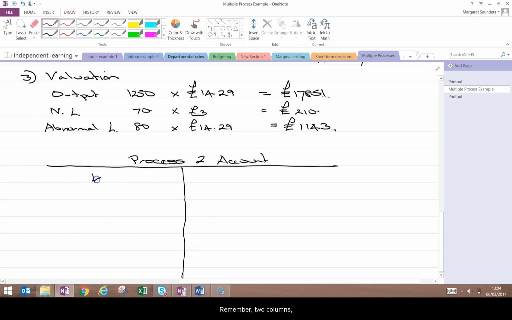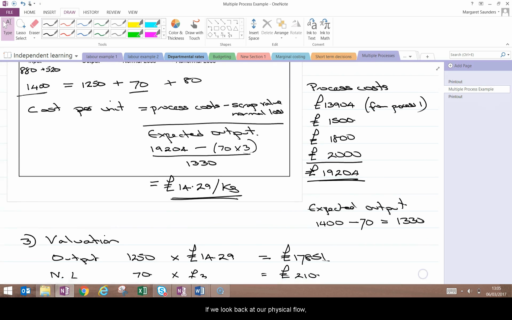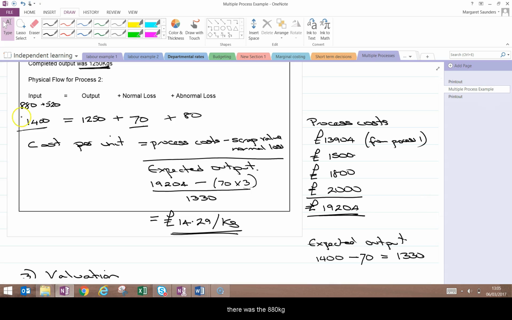Remember 2 columns, kilos and value. So what went into this process? Well, if we look back at our physical flow, there was the 880 and the 520.